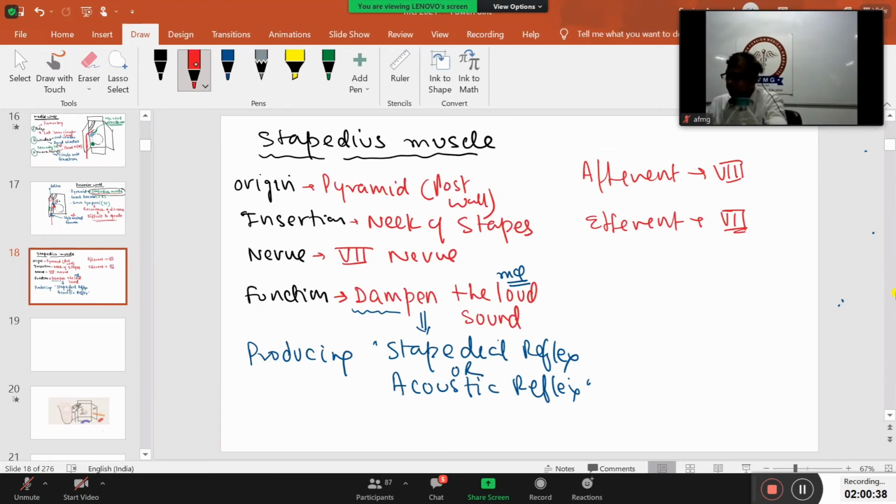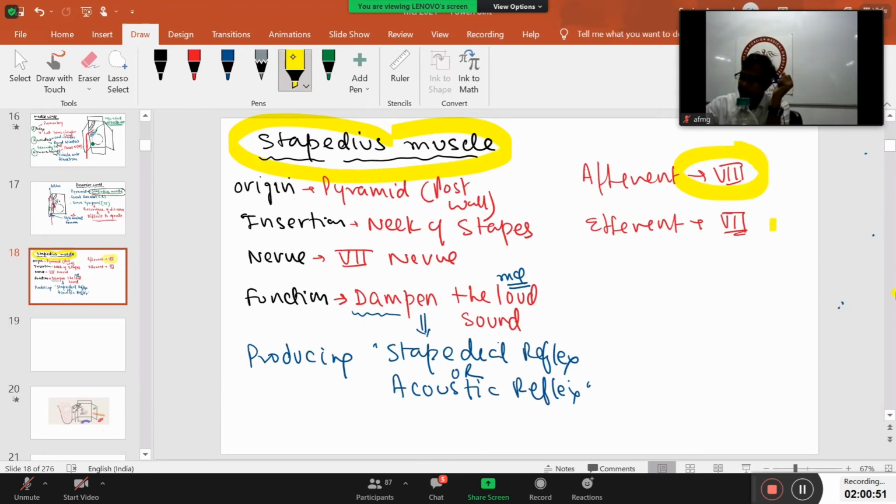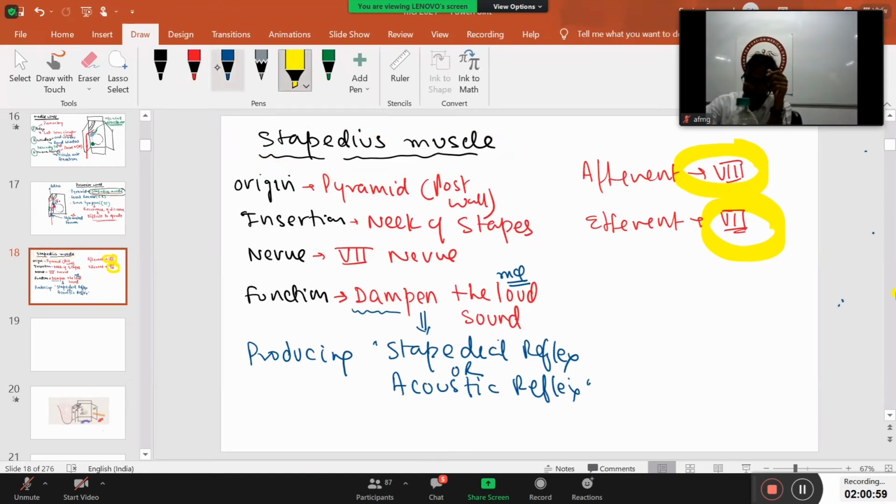So now if I ask you, tell me how many things I need for a normal stapedial reflex, minimum. The 3 things that I need is, one is the muscle, one is this nerve, and one is this nerve. You need all the 3 things so that you can have a normal stapedial reflex. And if any of the 3 is gone, then there is no reflex. No dampening will happen.